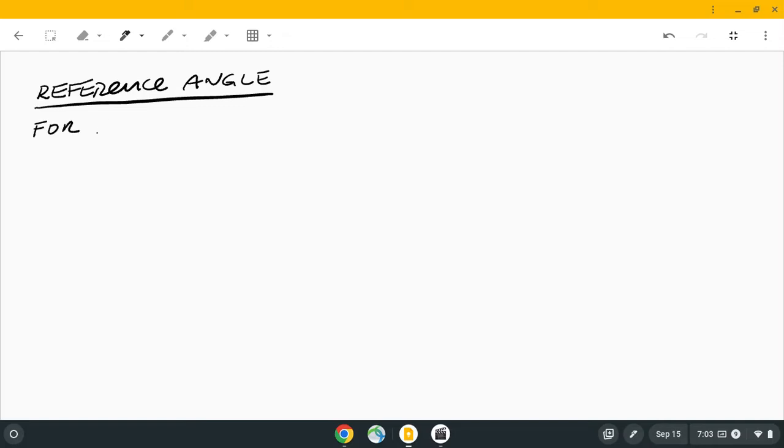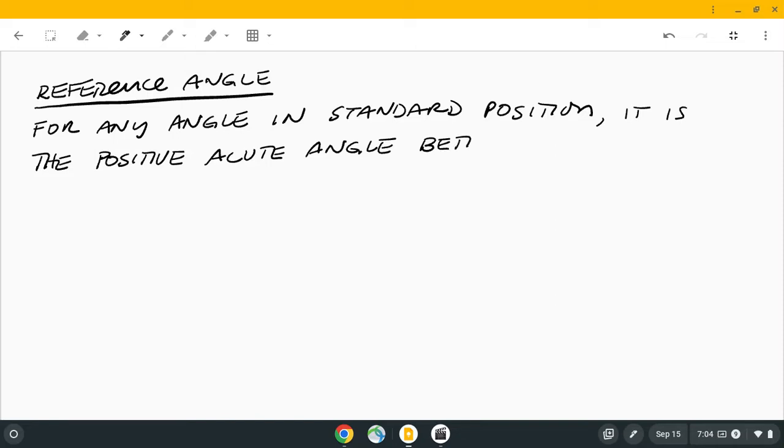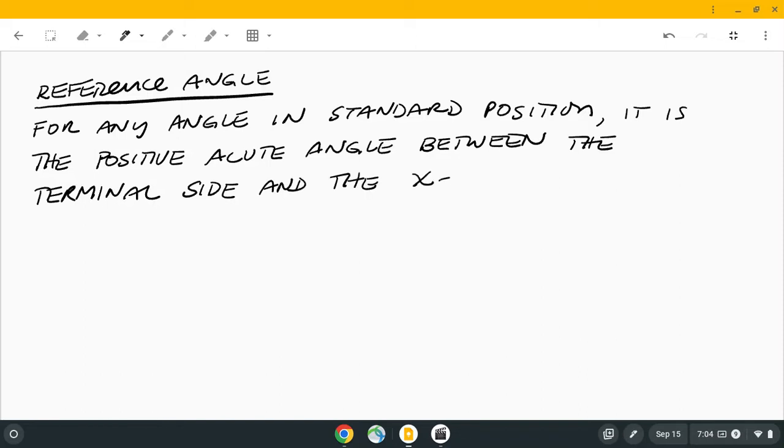So for any angle in standard position, it is the positive acute angle between the terminal side and the x-axis.